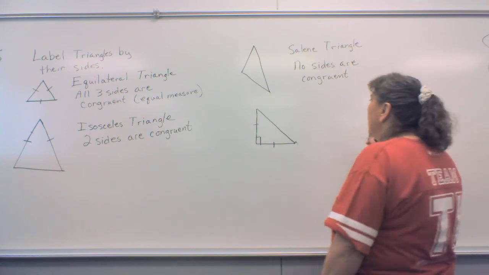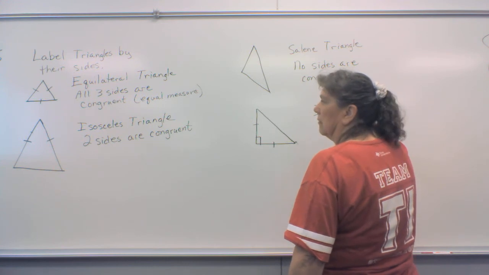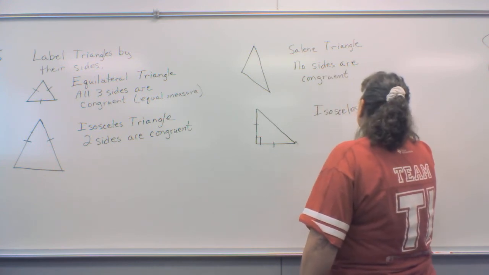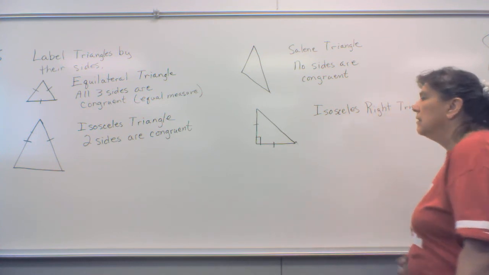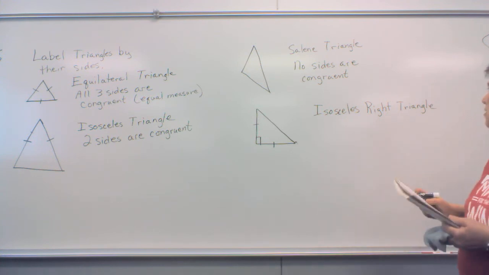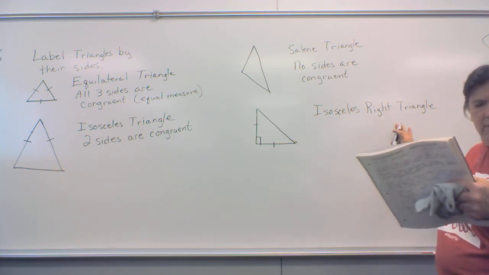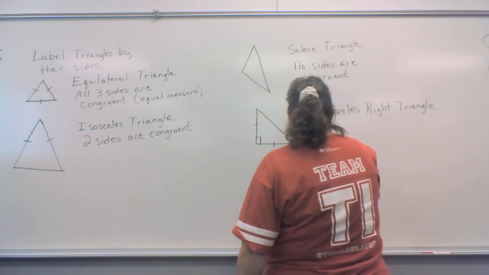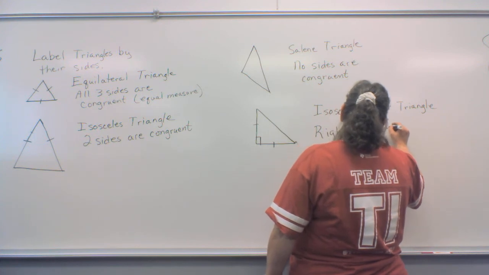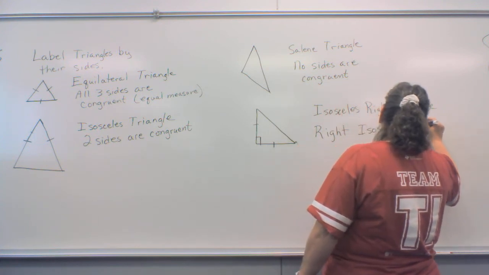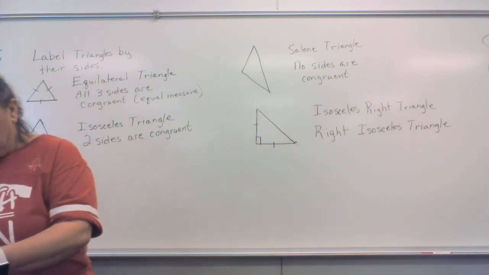So in this one, we would call this an isosceles right triangle, because we're using both the name of your isosceles along with your right angle, or a right isosceles triangle. I'm not sure which way that goes. Might be right isosceles triangle. I would accept either one because you're using both names in it. I've written one way in my notes and I wrote it the other way up there.